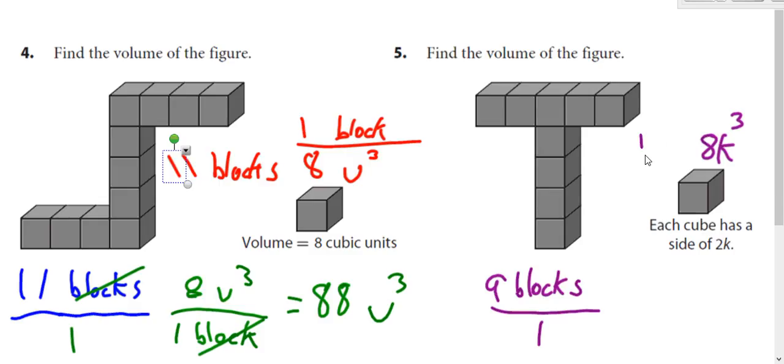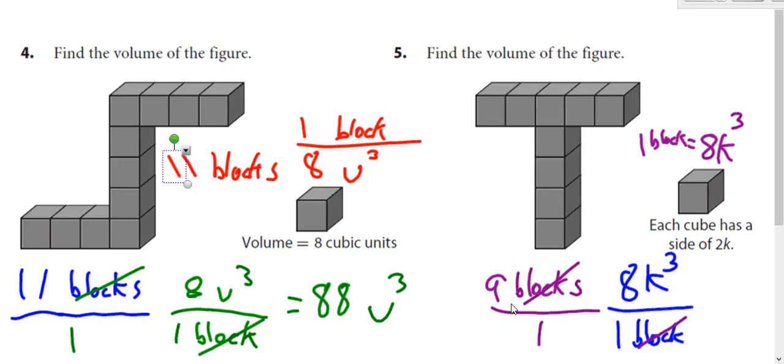So this is 1 block. In counting how many blocks are in the figure, there's 9 blocks. Blocks is in the numerator, so we need the 1 block in the denominator, so it cancels. Which means we put 8K cubed in the numerator. Nine times 8, 72, K to the third.